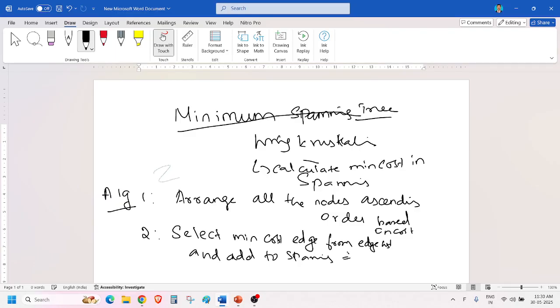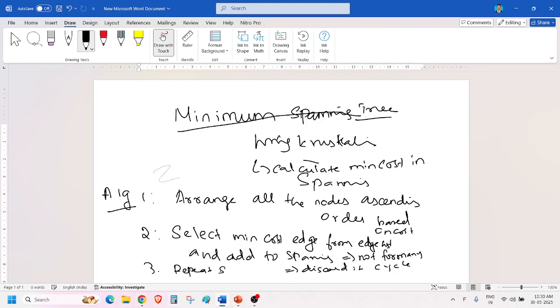Here one thing is that it should not form any cycle. Suppose a cycle is formed, what do I have to do? You just discard it. Third step, repeat step 2.